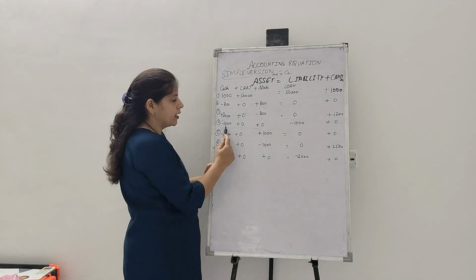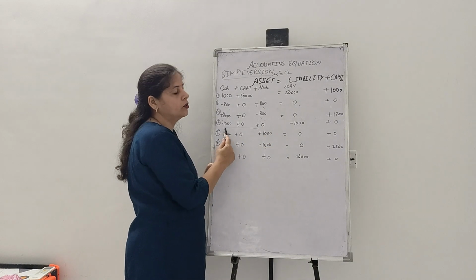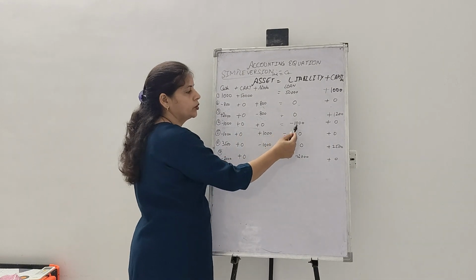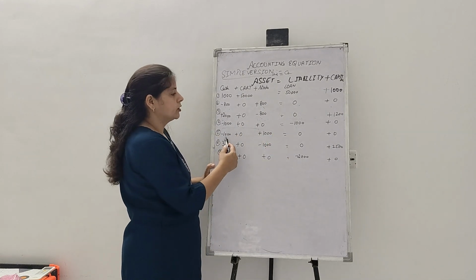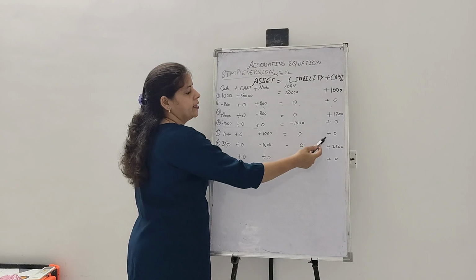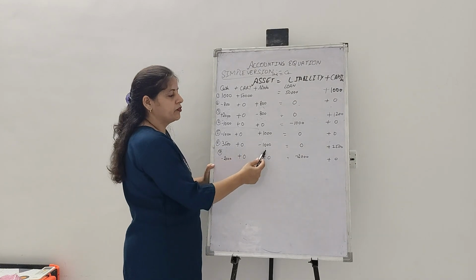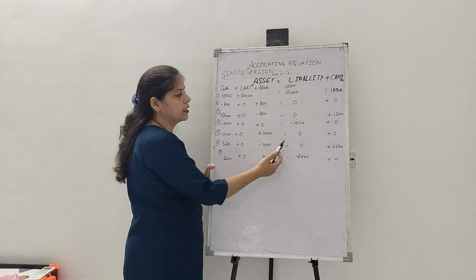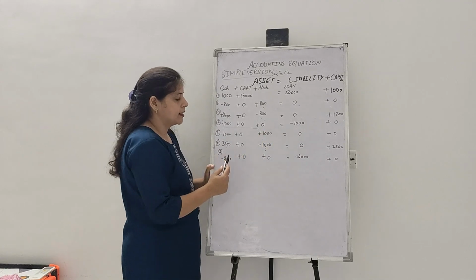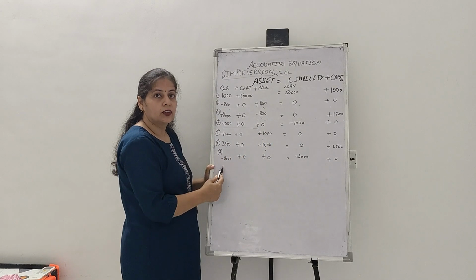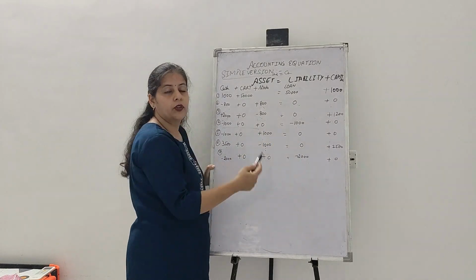Here no change. Here I gave a deduction of 1000, so the other side also got reduced by 1000. The next case, no change. Here is a difference of 2500 positive, again 2500 positive. Here it is a reduction of 2000, again a reduction of 2000.